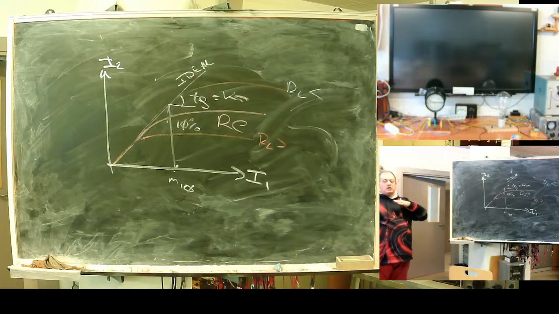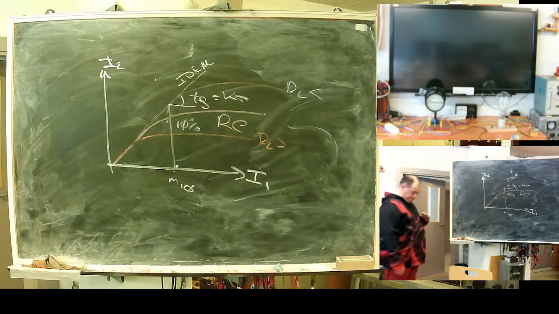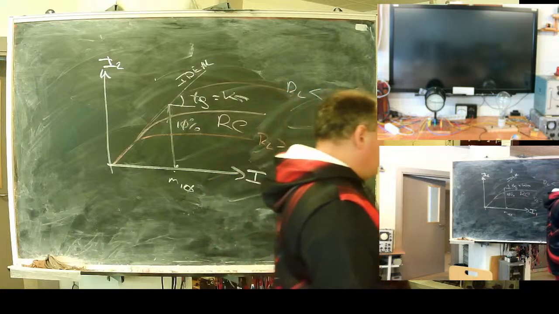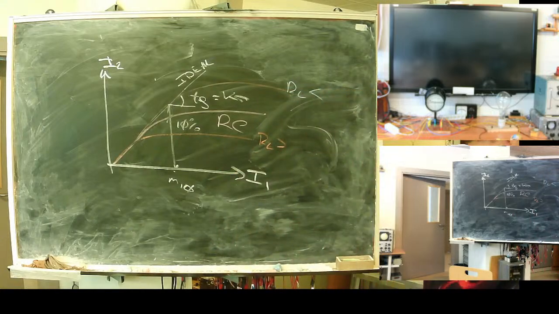You have the lower end of your operation range, something like 5 or 10% of rated current, something like 1 amp, half amp.